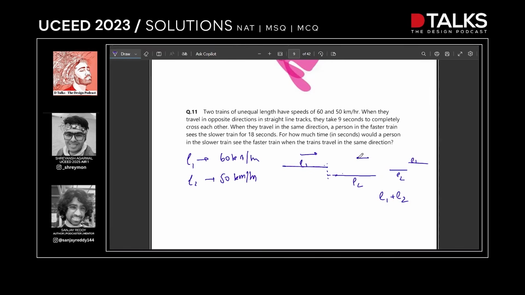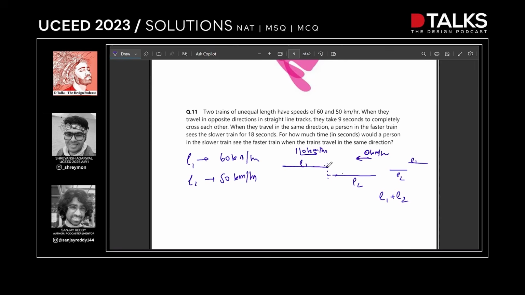I'm going to assume that L2 is stationary. Always assume that the slower train, or the slower object, whatever the slower one is, is stationary. Let's say this is 0 kilometers per hour. L1 is now, from this relative perspective, going to be 110 kilometers per hour speed.